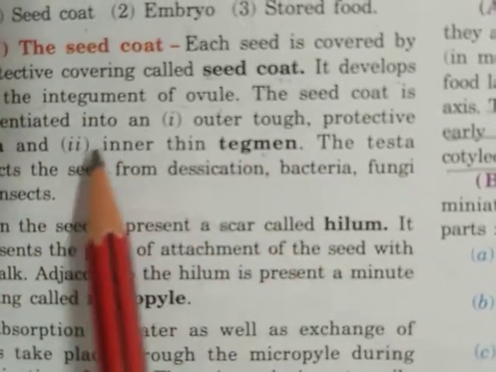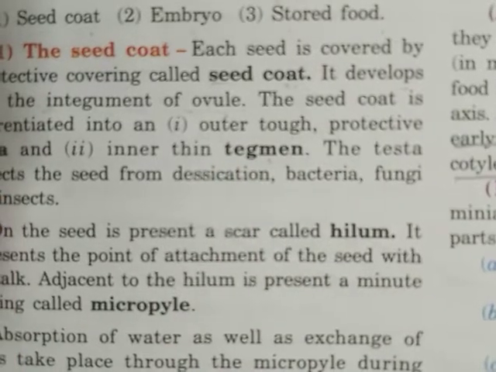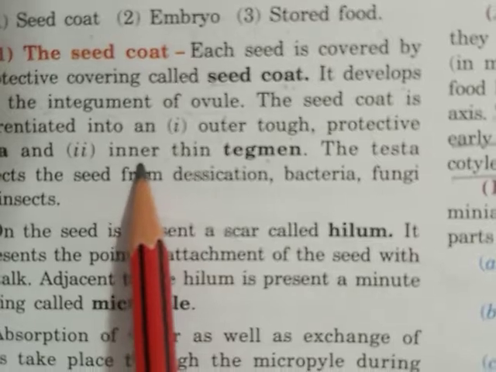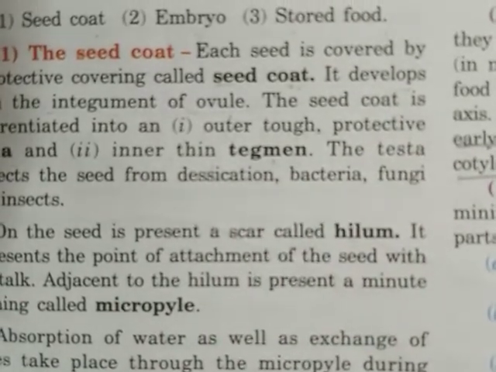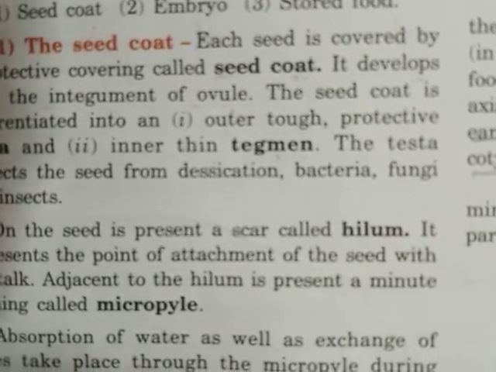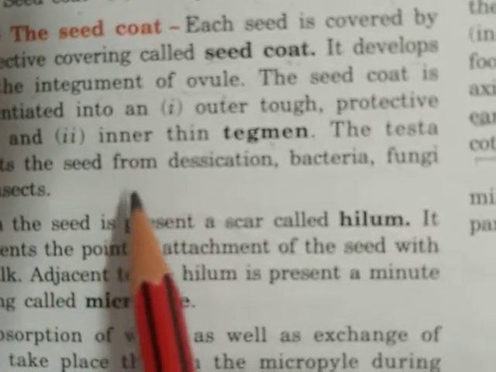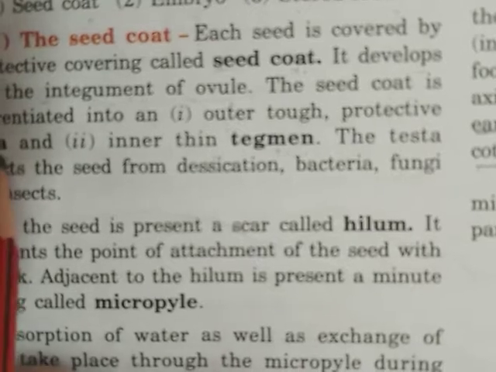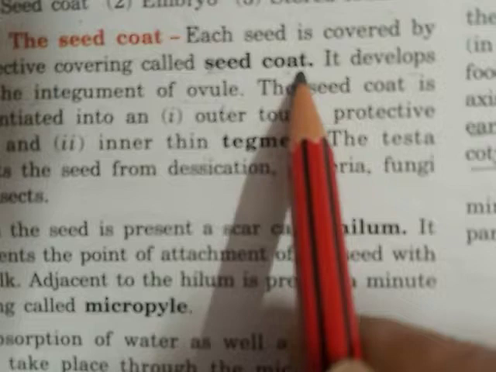The outer integument is tough and it is called the testa. The inner is thin and is known as the tegmen. So the outer integument is tough, thick, and known as the testa. The inner integument is thin and is known as the tegmen. Both the testa and tegmen together are known as the seed coat.